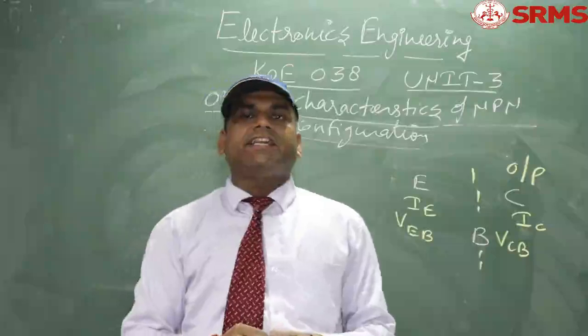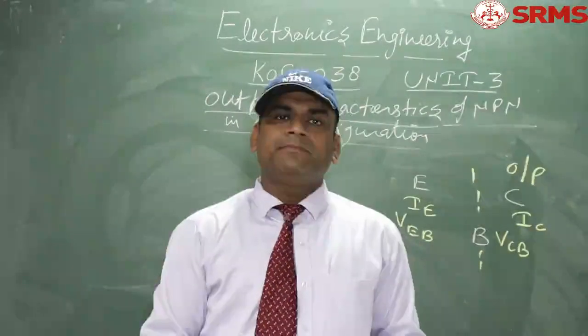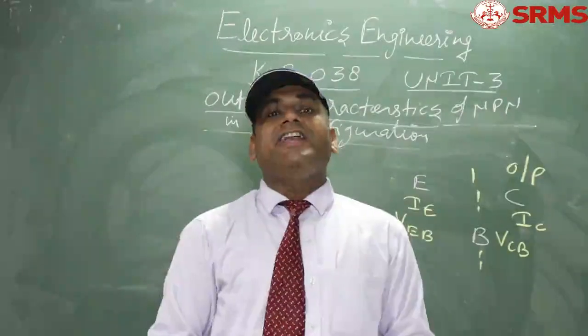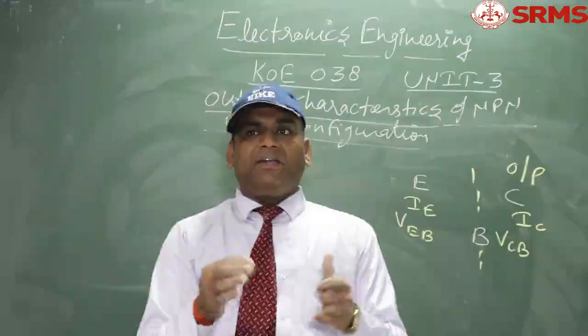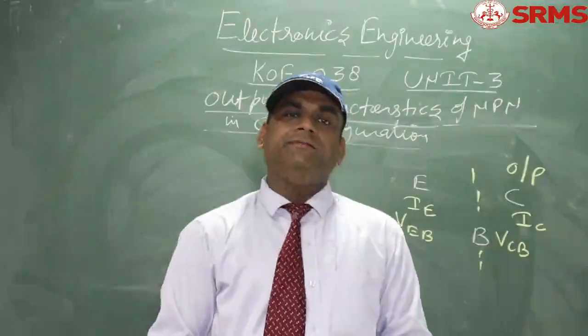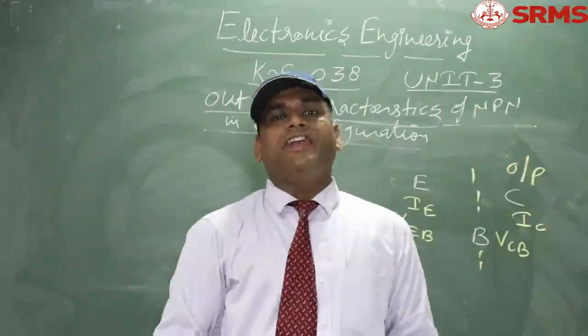The output characteristic of the transistor is plotted between the output voltage and output current for the given value of input current. I'm again repeating, the output characteristic of transistor is plotted between output voltage and output current for the given value of input current.